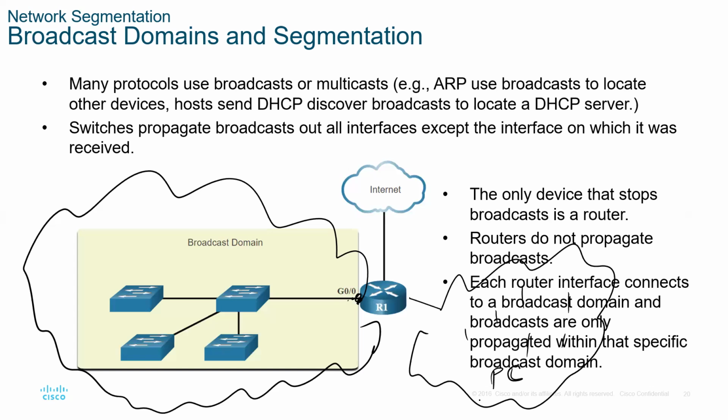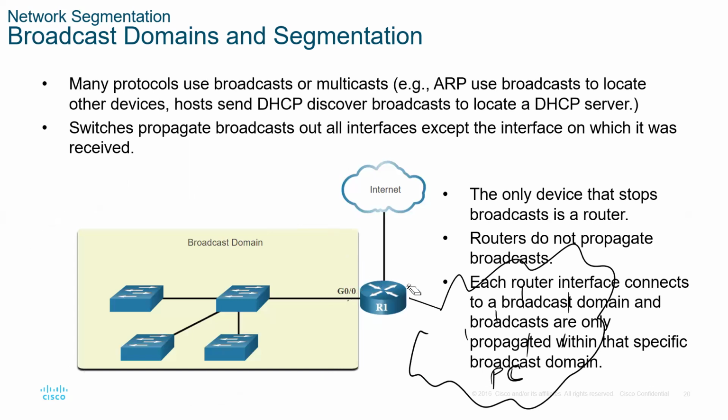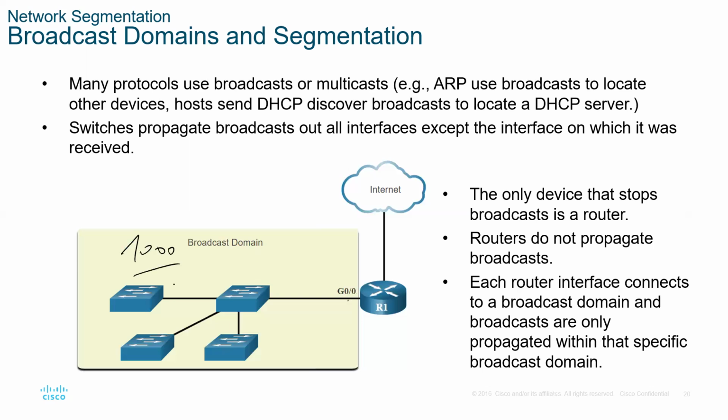Right. It's okay that we have a broadcast domain, but there is a problem which comes with having a large broadcast domain. Let's say we have 1,000 devices in our broadcast domain, on GigabitEthernet interface 0/0. It means many of our protocols which use broadcasts to function, when a broadcast is sent, it is sent to all 1,000 devices.